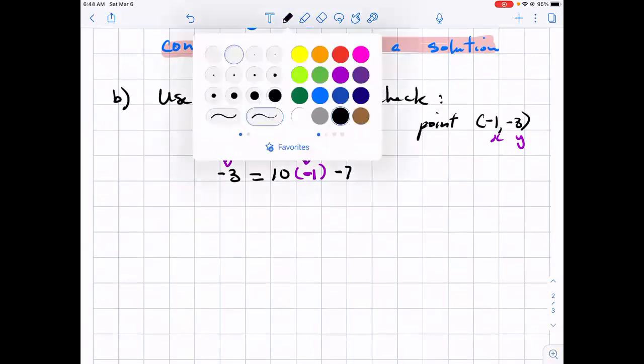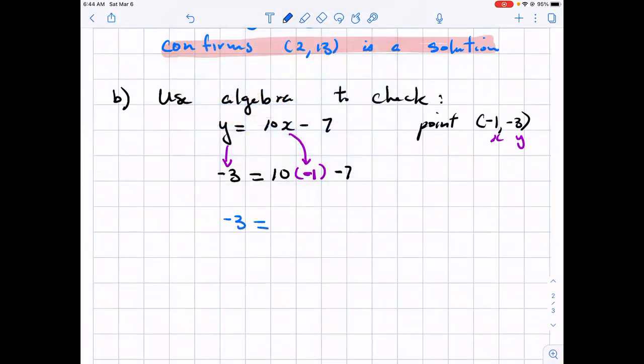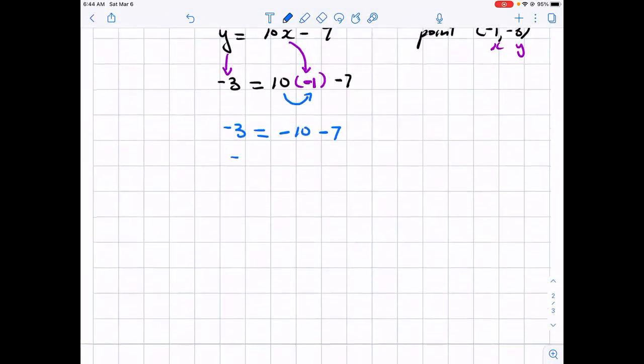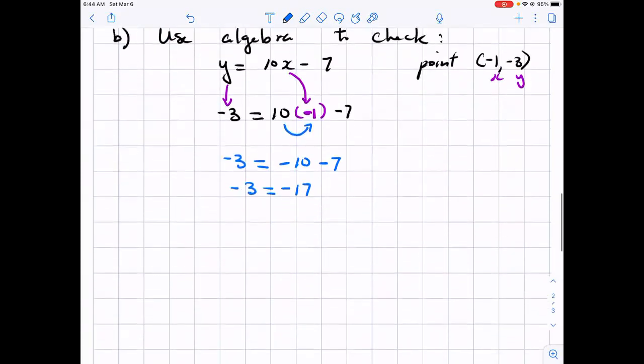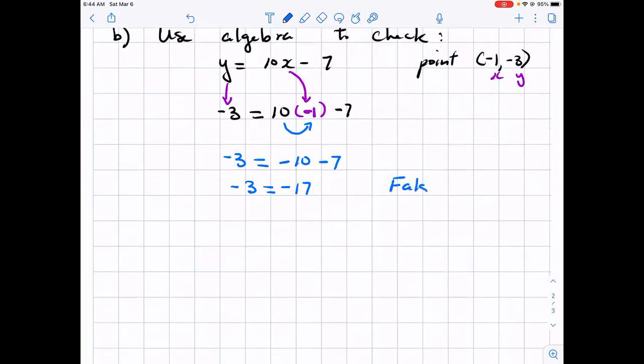So if we simplify this, we have -3 is equal to 10 times -1, which is -10, minus 7. So we have -3 is equal to -17. So notice now this is false. So this tells us this is not a solution.